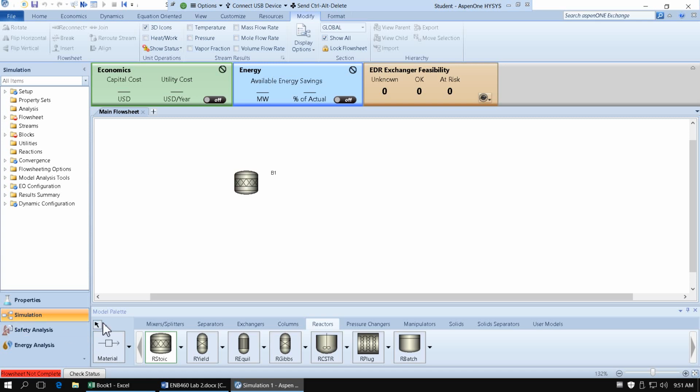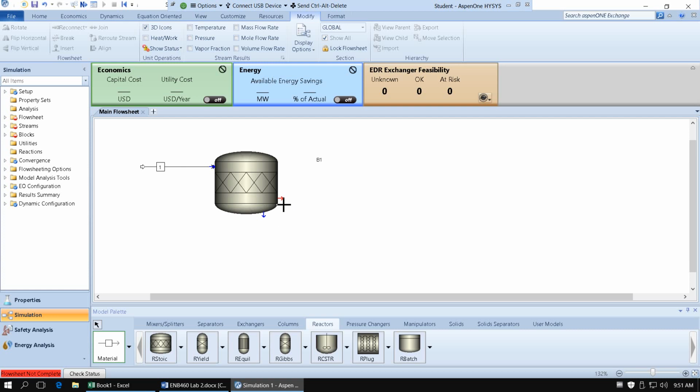Right, and then the next thing we'll do is to connect the material to the RStoic block. Let's just expand that to make it clearer and add a material going in. So again, take note of where the red arrows are and take note of if these arrows are a feed or a product like that.